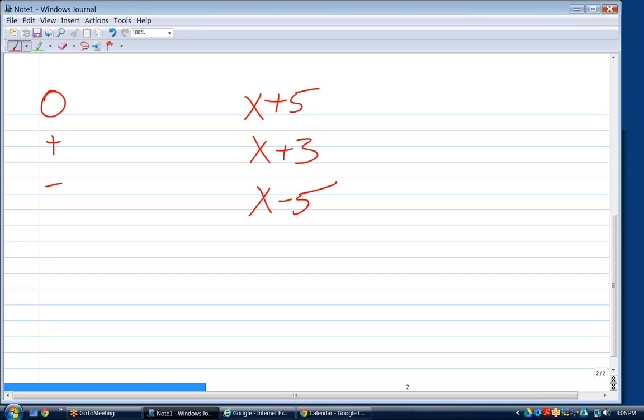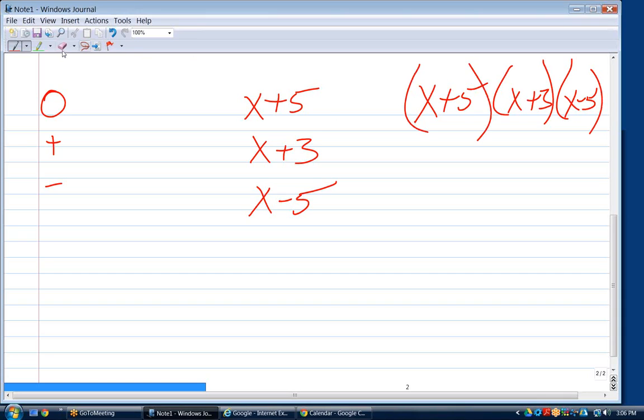Sorry, what? So we're trying to take x plus 5 and determine when it's positive, negative, or 0? Oh, the whole polynomial is x plus 5 times x plus 3 times x minus 5. Yeah. Alright. That's better.